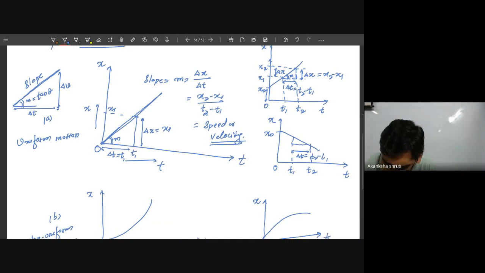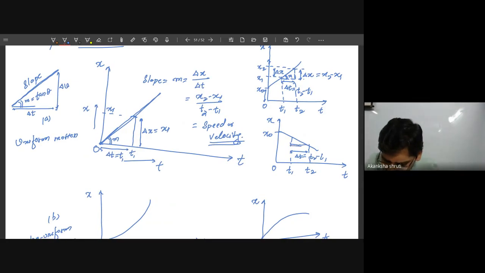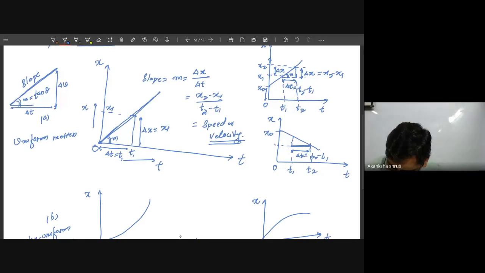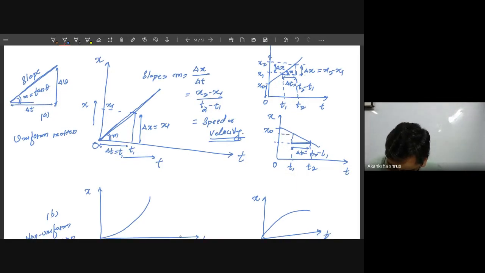Students, if you observe carefully, in this case the change in the vertical axis is not upward, rather it is downward. If I observe it carefully, at t1 the position is, let me call it x1, and at t2 the position has changed to x2.